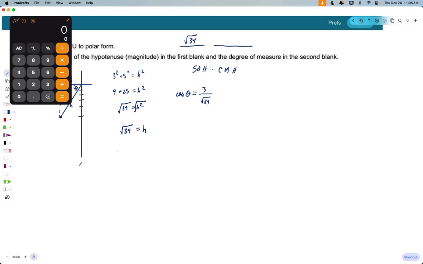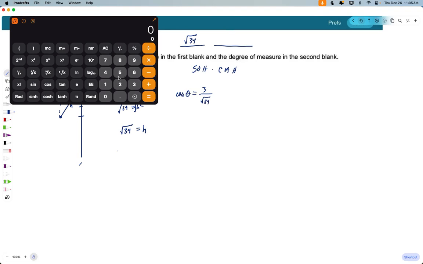Pull this out. Actually, let me start over. 3 divided by, now I'm going to use parenthesis, and then the square root of 34, parenthesis.